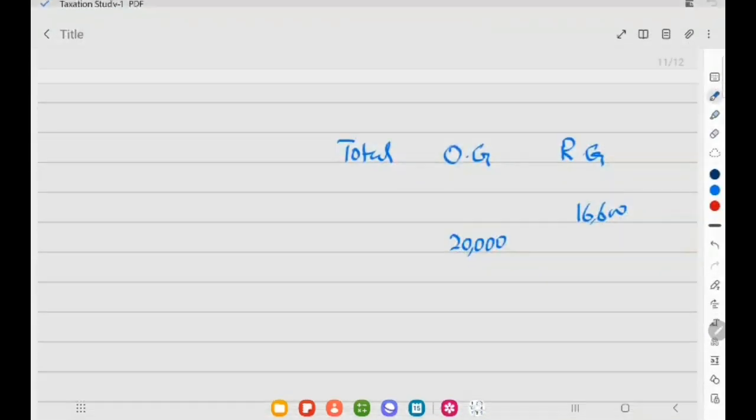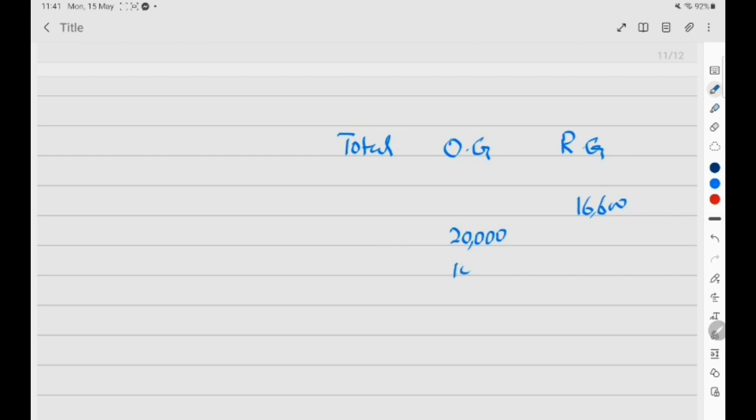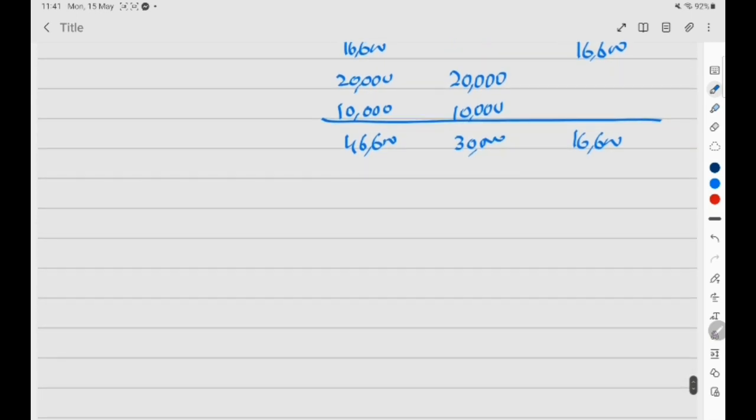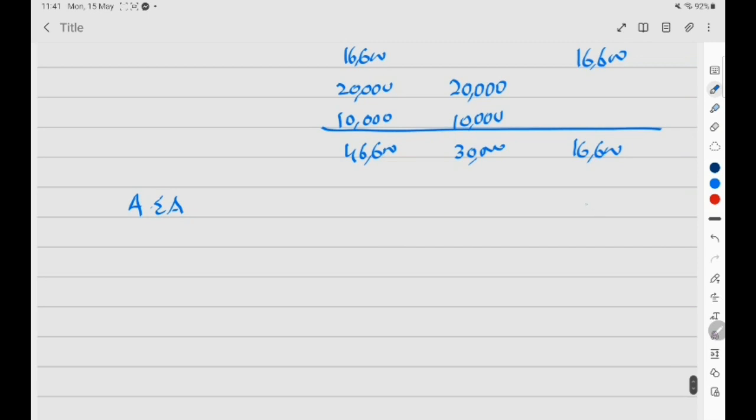And then we have land, and land will also be recorded in other gains. So total of this would be 16,600, 30,000, and here we have to mention total all these things. So it is 46,600. So as per rule, first we have to deduct the annual exempt amount, and that will reduce the residential property gain 12,300.